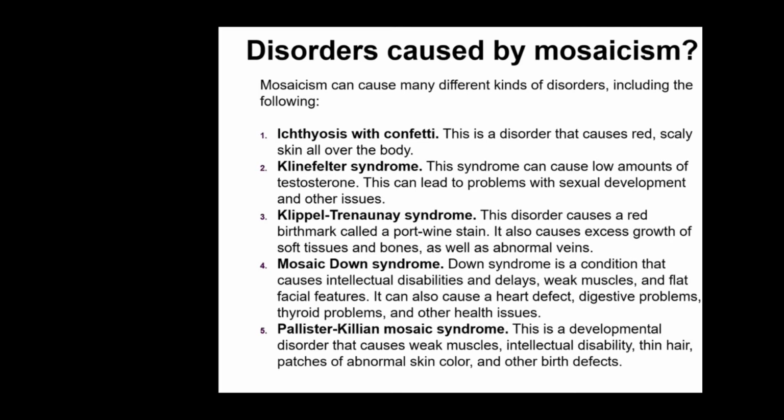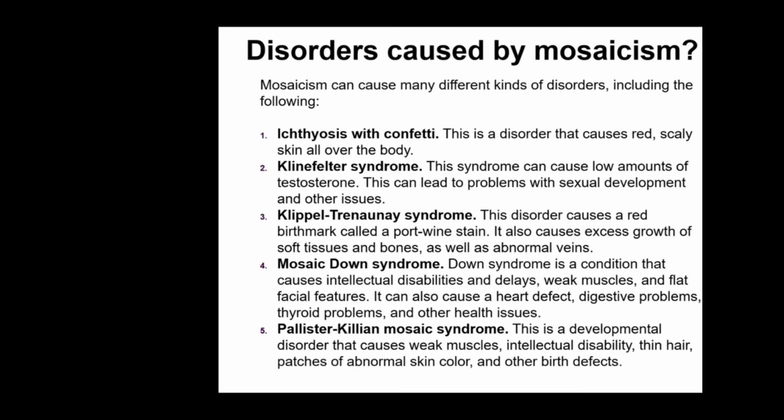Now, another syndrome, this disorder causes a red birthmark called a port wine stain. It also causes excessive growth of some soft tissue and bones, as well as abnormal veins.